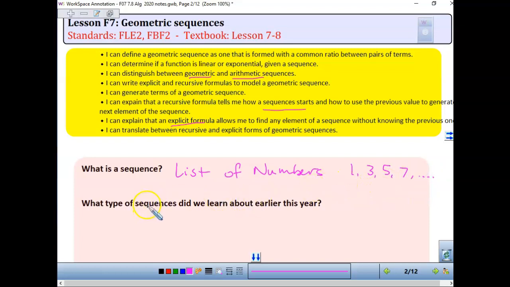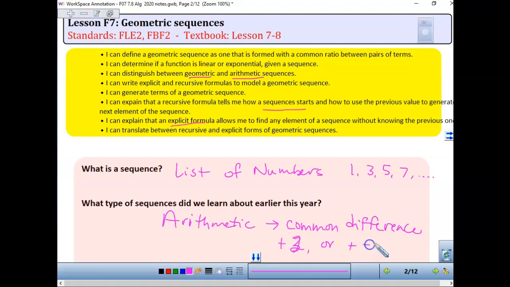We now are going to be looking at, so the types that we learned earlier this year, those were our arithmetic. The arithmetic is when you have a common difference, remember? And when you were looking at that common difference, when we did our arithmetic, you were either adding, like in this case above, adding 2, or you might have been adding a negative 2.